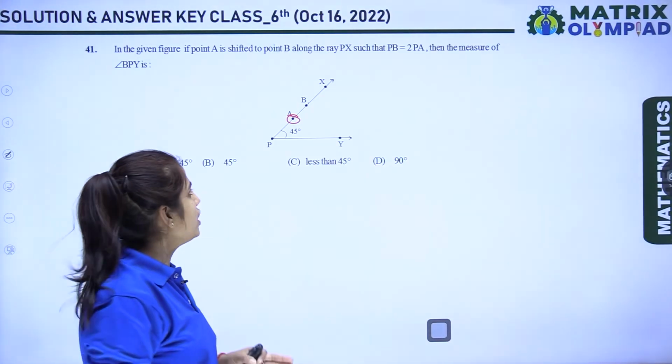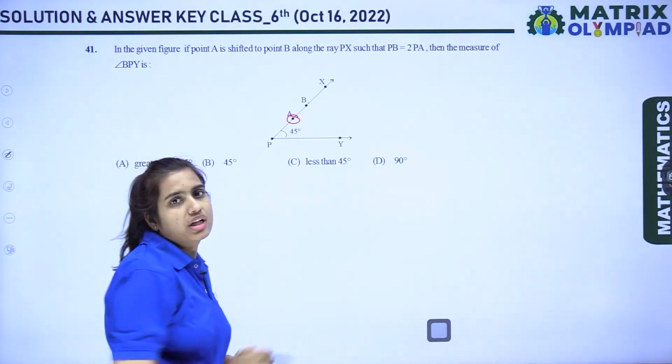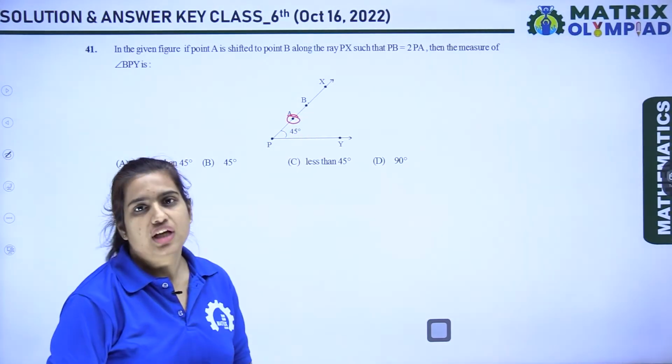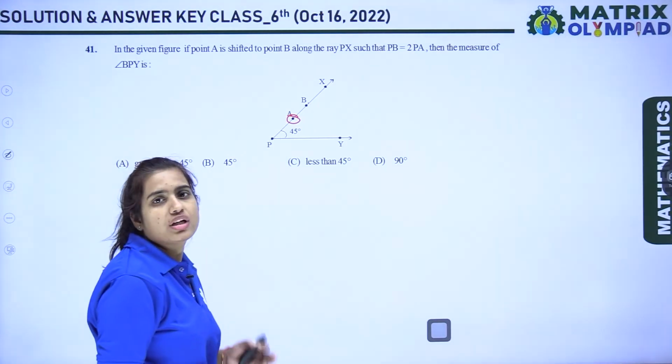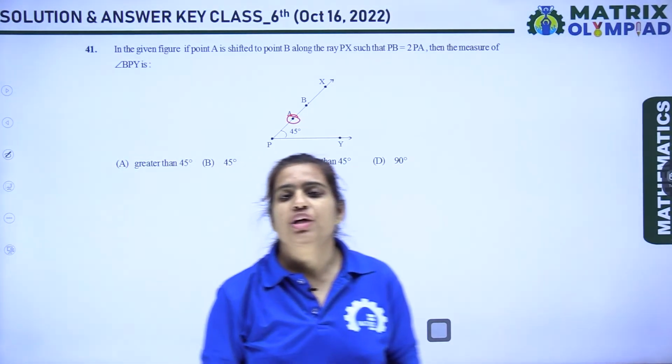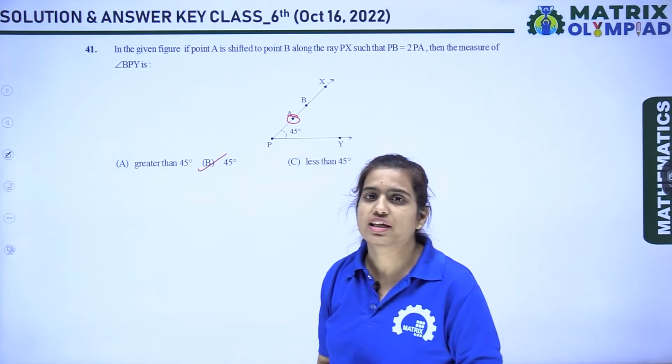Now, everybody knows that if we are shifting a point on the same ray, there is no change in the angle as the vertex P is the same. So here the angle will remain the same, that is 45 degrees. So option B is the correct answer.